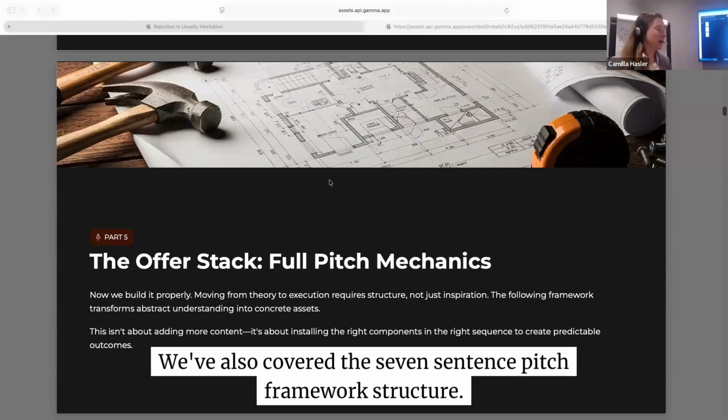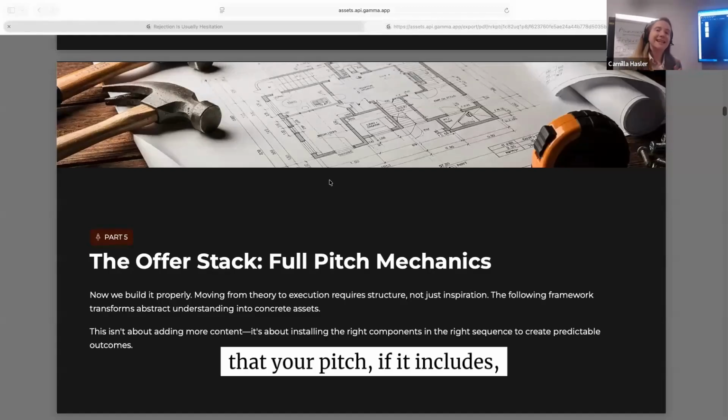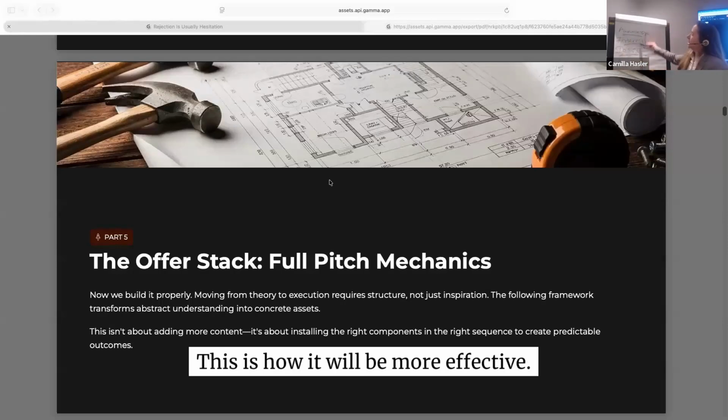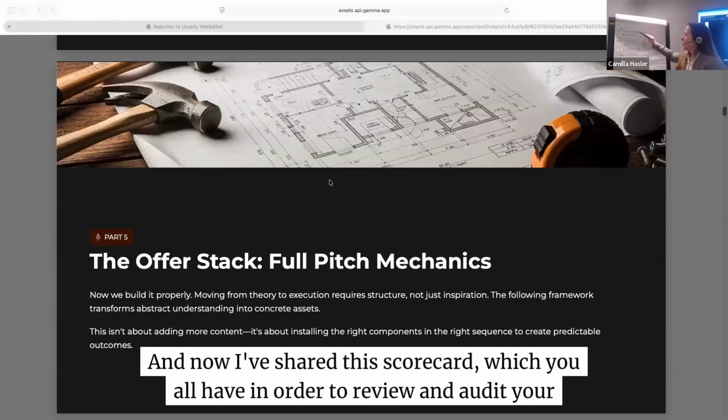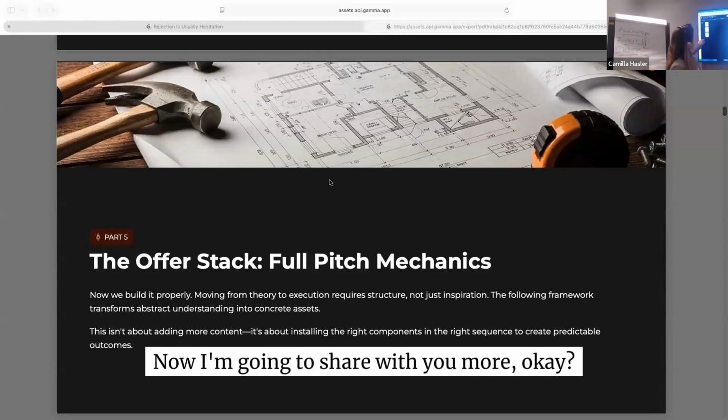We've also covered the 7-sentence pitch framework structure. We've covered the different levels of awareness, interest, desire, and action that your pitch should include to be more effective. And now I've shared this scorecard, which you all have, to review and audit your own pitch. Now I'm going to share with you more.